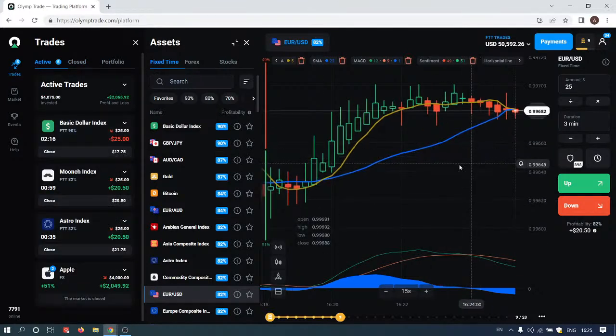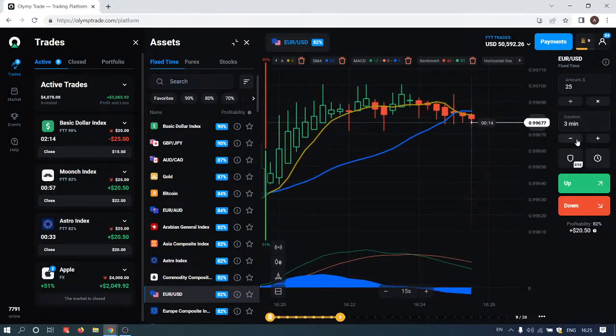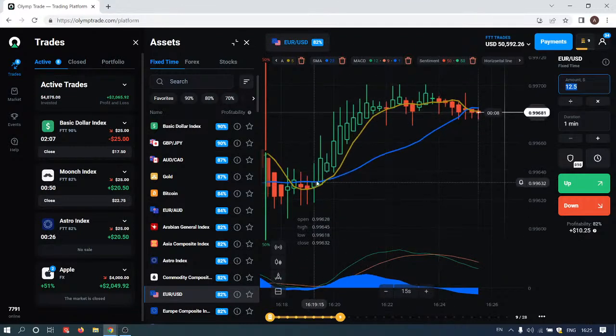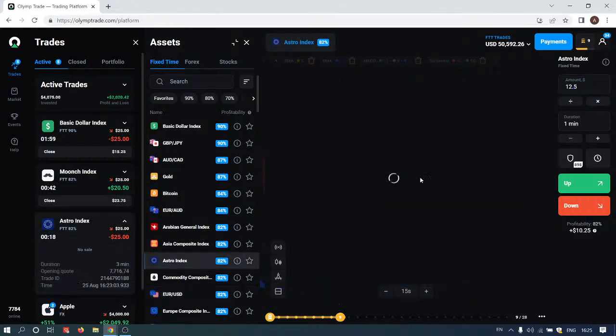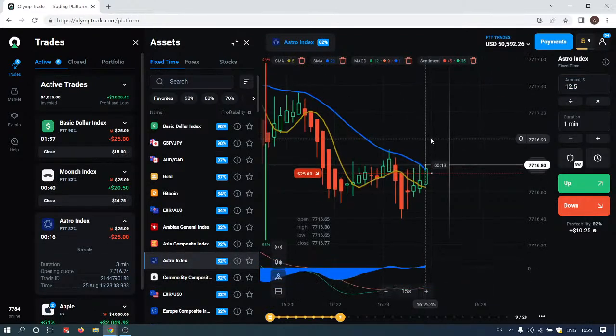So when you switch to 15 seconds, of course, you need to switch to 1 minute trades, I think, maybe 2 minute trades, because the duration of trades depends on the time frame directly. So of course, you need to apply different time frames, different durations. But it's all about practicing.